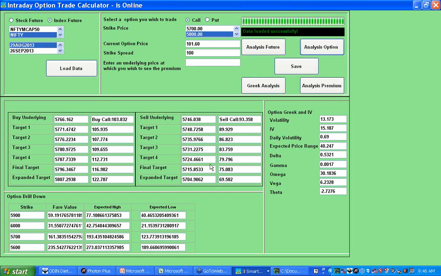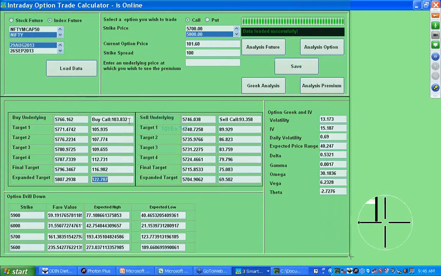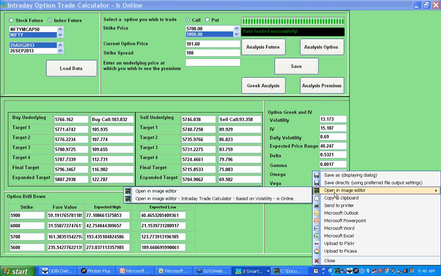So think of buying the call option with a stop loss of 93, in between targets 106, 108, 110 and till 122 you are expecting. So we are buying this one also. So the 5800 call option we bought with the expectation to touch 123 with a stop loss of 93.